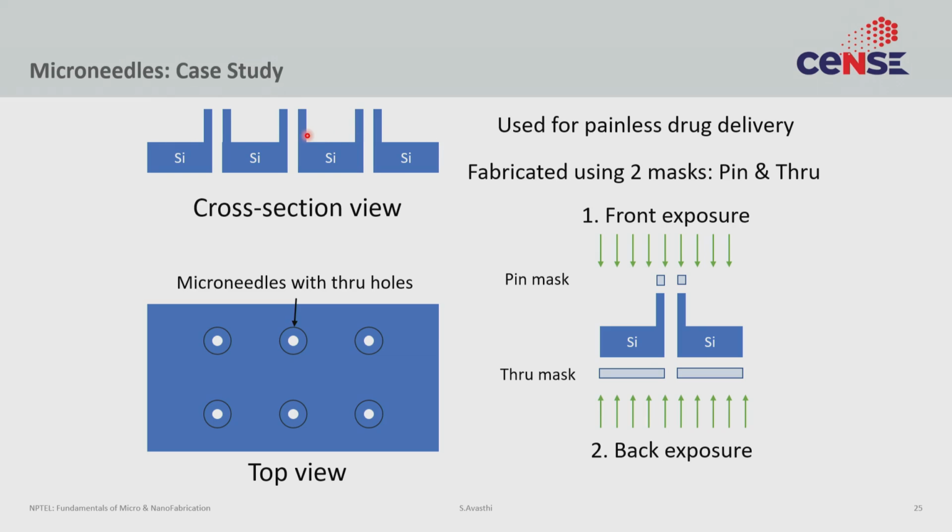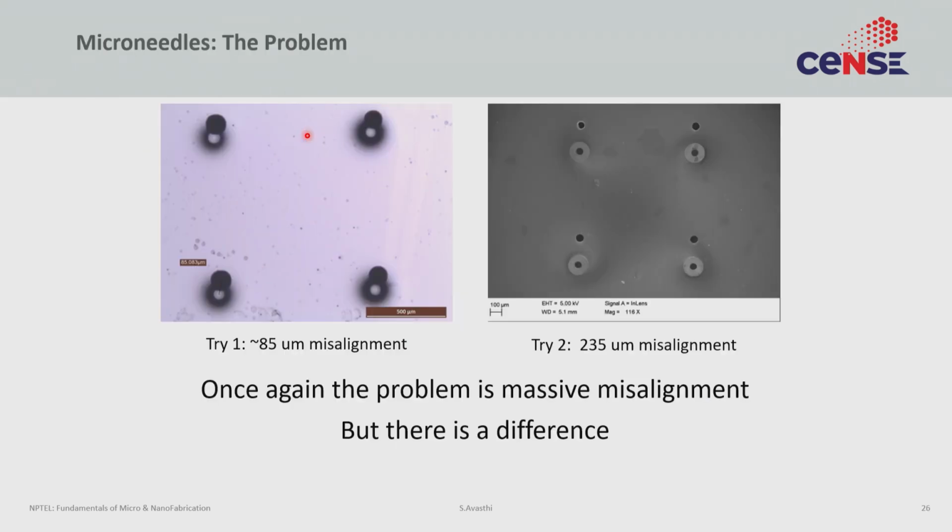So we started making these devices in our clean room in IFC. And just like in the previous case study, we were consistently seeing a misalignment. Here what you are seeing is that the needle exposure and the through hole exposure are a little off. Instead of the through hole being in the middle of the needle, they are misaligned.